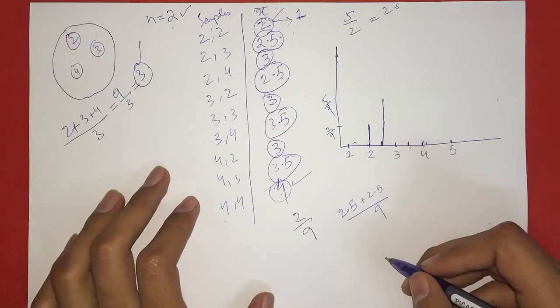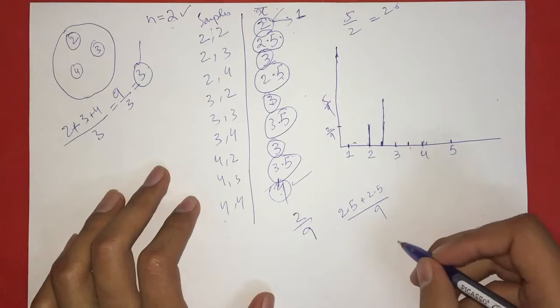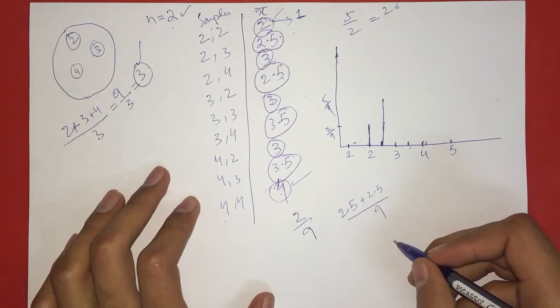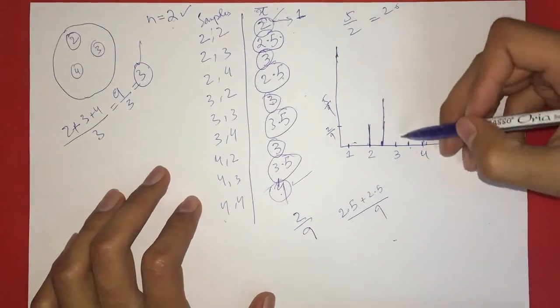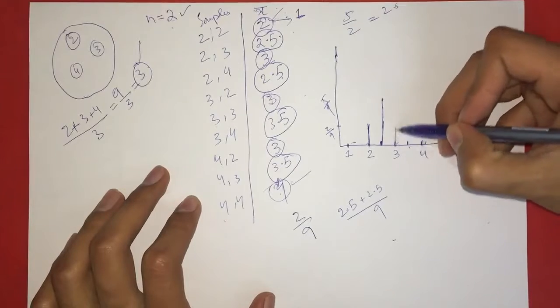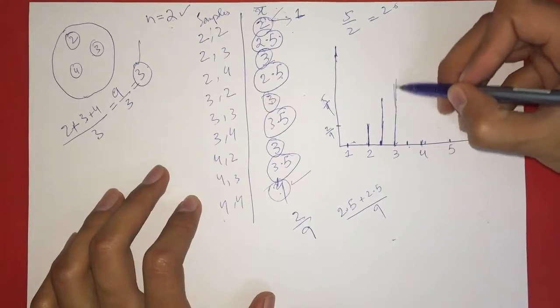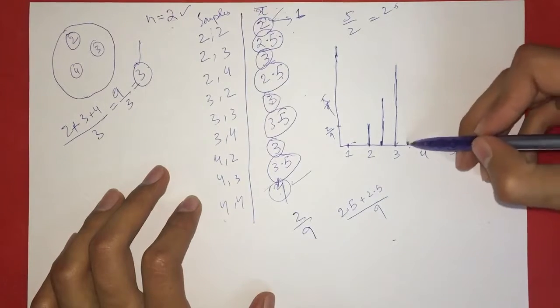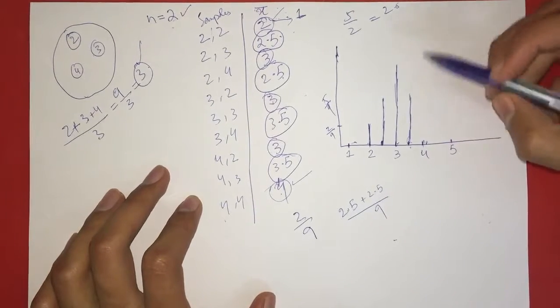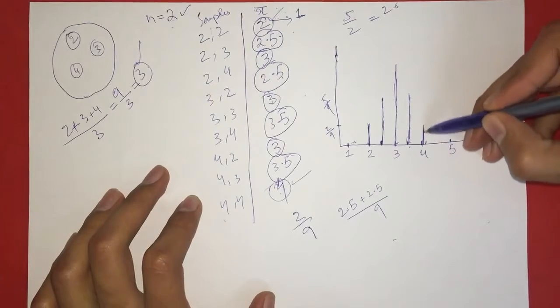So 3 is repeated the most times. So we have 3 right here, and then 3.5 is 2 by 9, so it's like this, and 4 is just once.